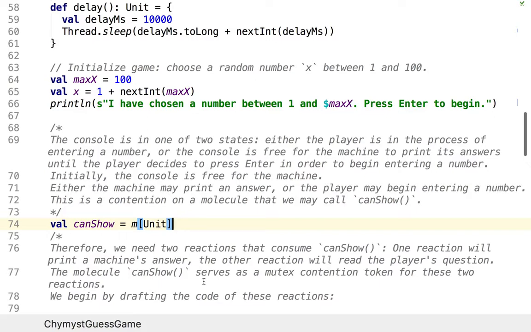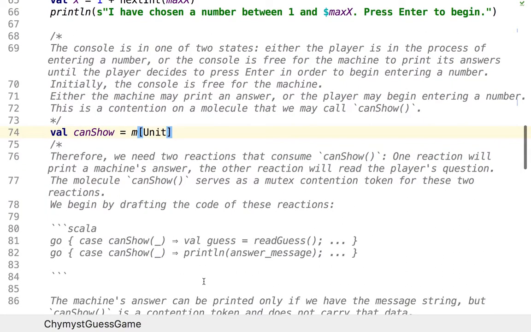So the first idea, therefore, that we arrive at is that we need a contention token, and two reactions will be running exclusively, either one or the other, because either the player is typing a new question, or the machine is computing or is printing a new answer. So let us try to see how these reactions would look.